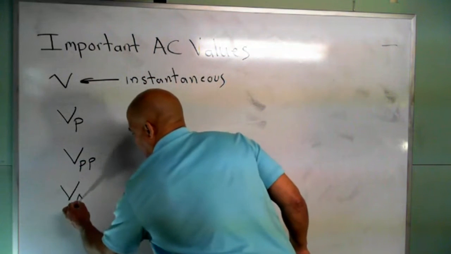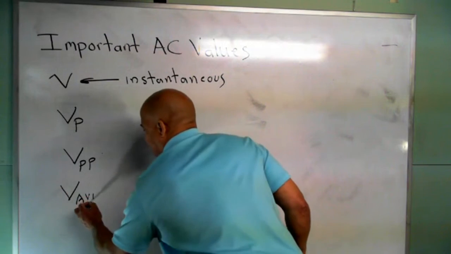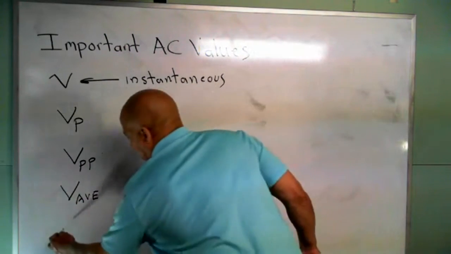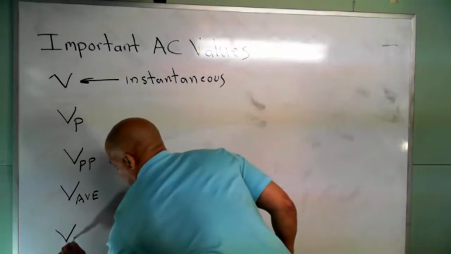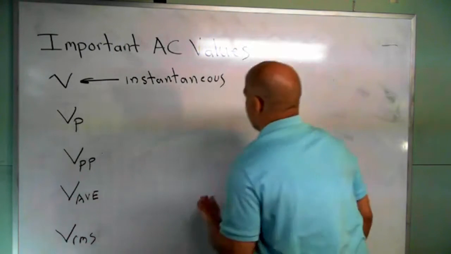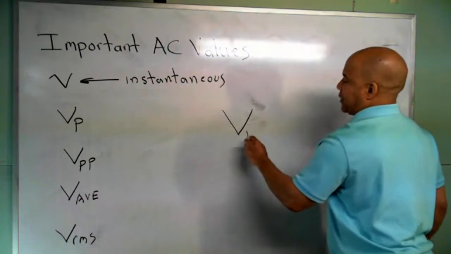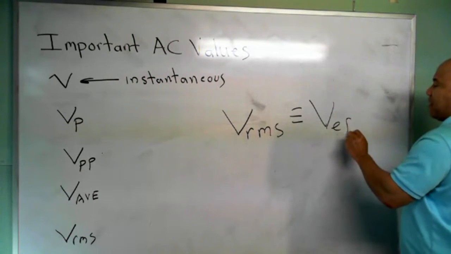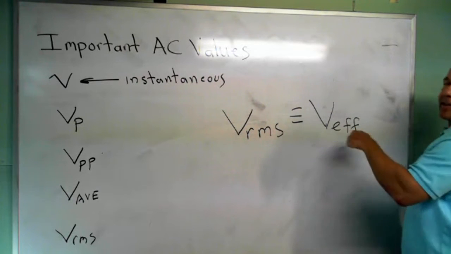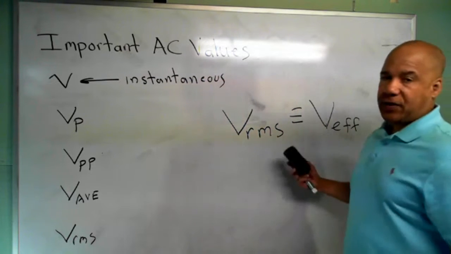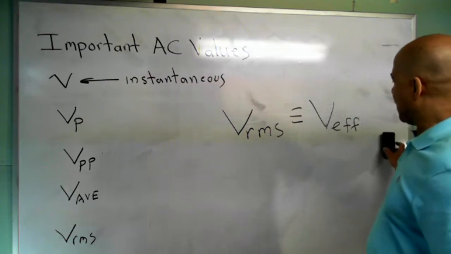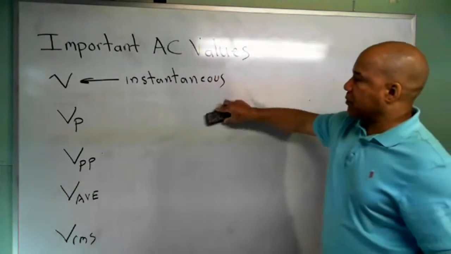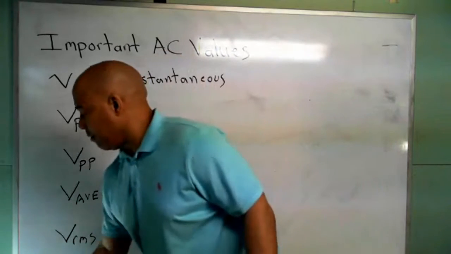Average, sometimes I'll use an E, sometimes I'll use a G. And then RMS is this. And just remember, V RMS is the same as the effective value. So again, there's two names for the same thing. They're exactly the same. I'll use both of those names. So there's my list of important AC values.